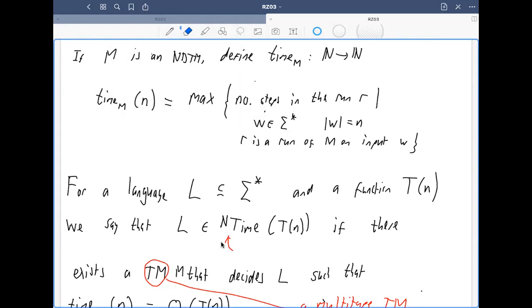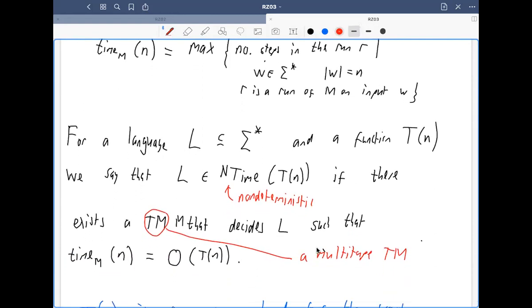But anyway, a language is in non-deterministic time t of n if there exists a multi-tape non-deterministic Turing machine that decides the language L such that the time of the machine is big O of t of n.